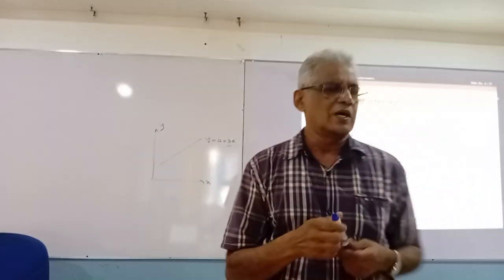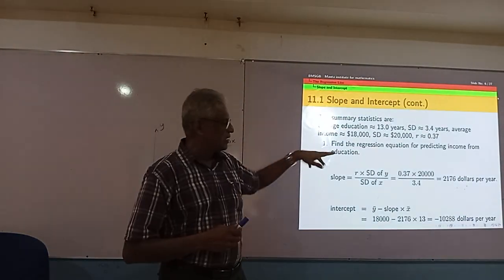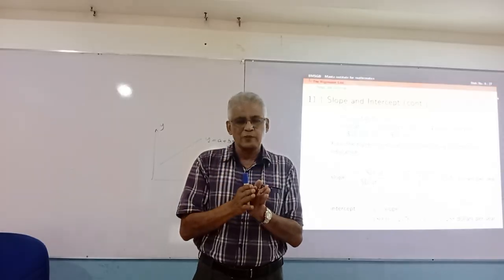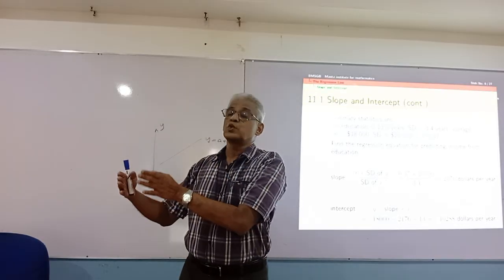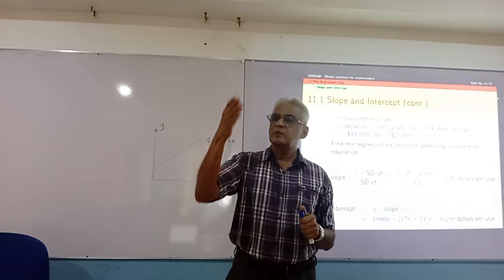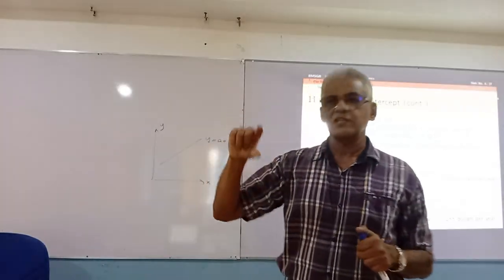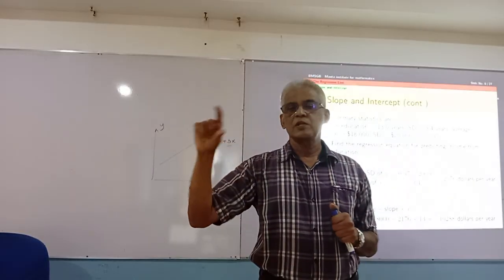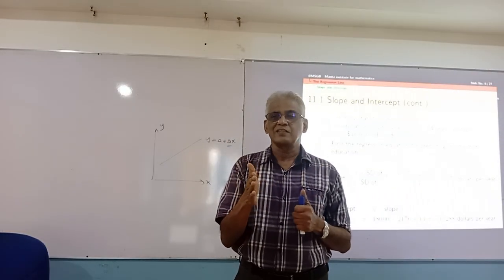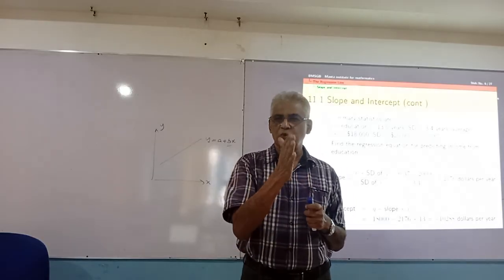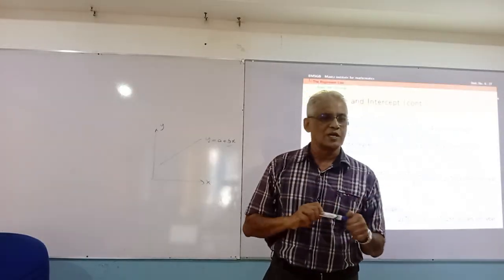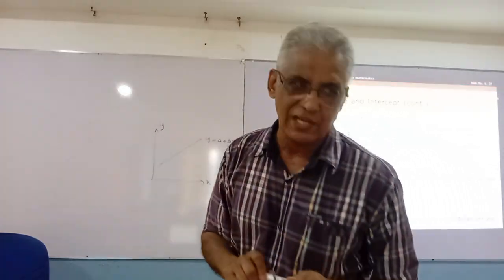What we can explain here is if you consider a group of people whose education level is 5, and another group of people whose education level is 6, then there will be a difference between the average income. That amount will be given by the slope. So it's not increasing the education level of those who are already 5. We cannot say that if you ask them to go to school another year, their income will increase.